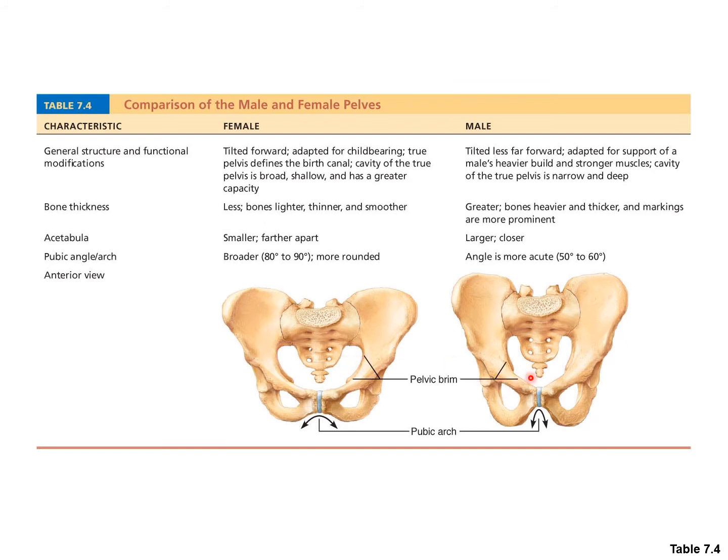And the outlet here has a lot of obstructions, so that space is not that nice and broad. Also, bone thickness, pubic angle, acetabulum. That's pretty much everything that we covered in our previous slide. Here you can compare these two structures together, female and male pelvis.